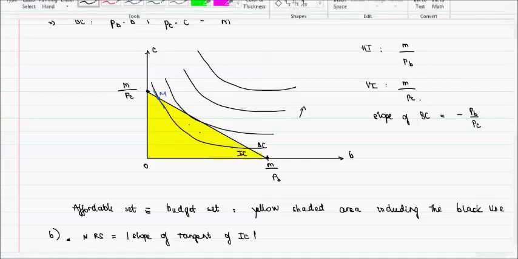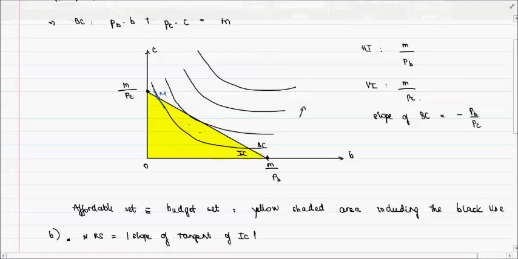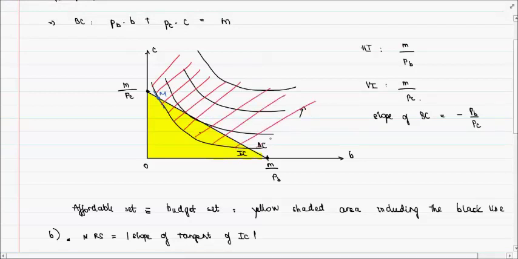So having said that, I'll use the red color. Anything above this indifference curve over here is going to be better than bundle M. This is called the preferred set of M, and that's going to be indicated by PM.